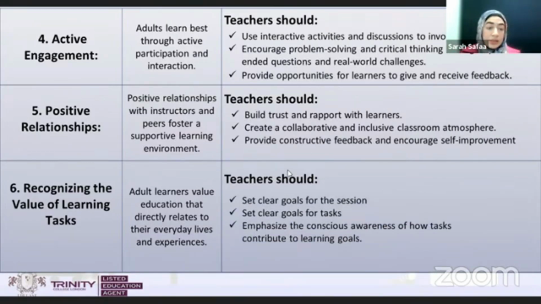At the end, the last one, which is recognizing the value of learning tasks. Set clear goals for the session, as I have done with you at the very beginning, when I set my own agenda. So you have to do the same thing with your students. Set clear goals for the tasks. Number 3, emphasize the continuous awareness of how tasks contribute to learning goals.